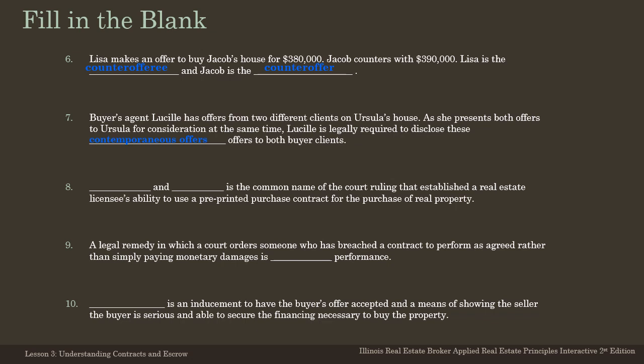And that's what that notice of contemporaneous offers does. Both buyer agents that she represents are giving her permission to negotiate on both of their behalfs on the same property. Now you might be saying, well, who would ever do that? And the answer is probably nobody.